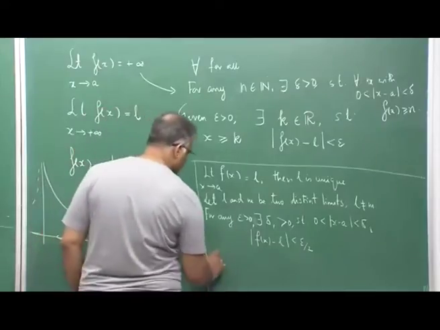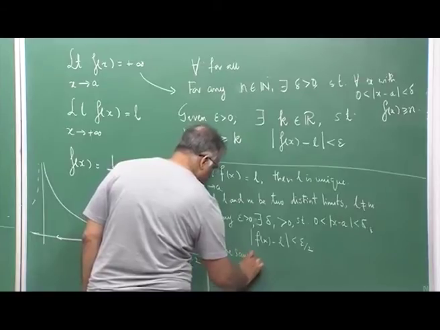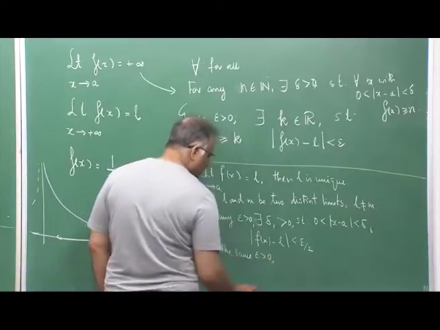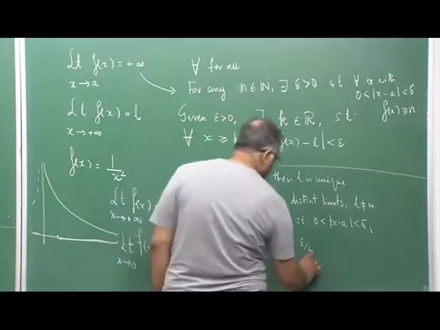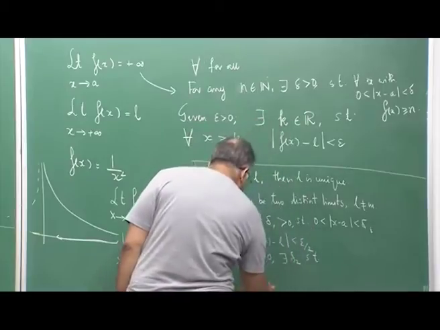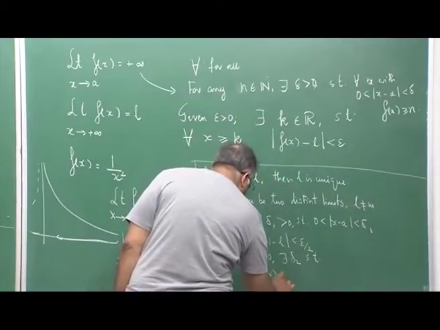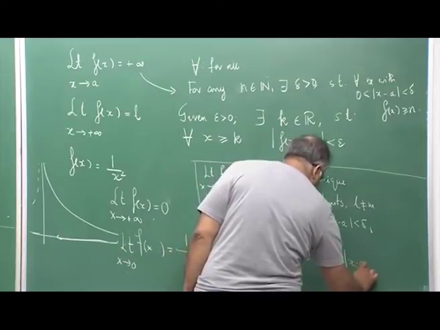Similarly, for the same epsilon, there exists delta 2 such that |f(x) - M|, the other limit, is less than epsilon by 2 whenever x is in this range.